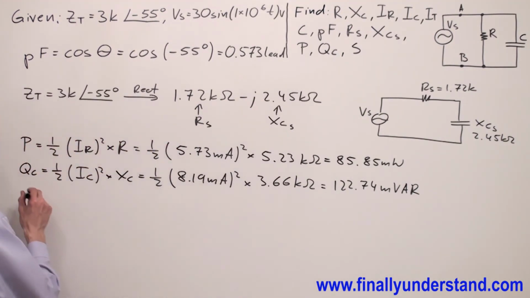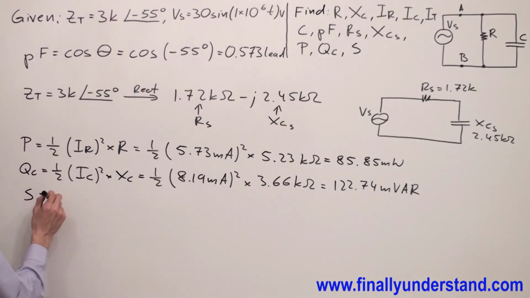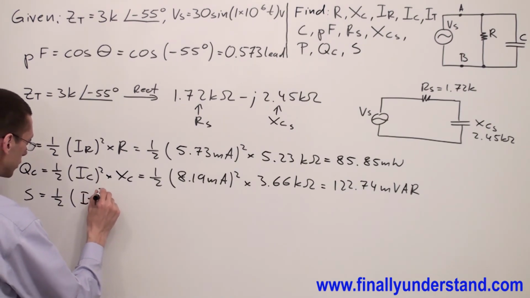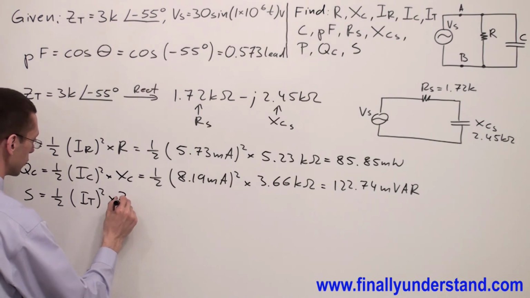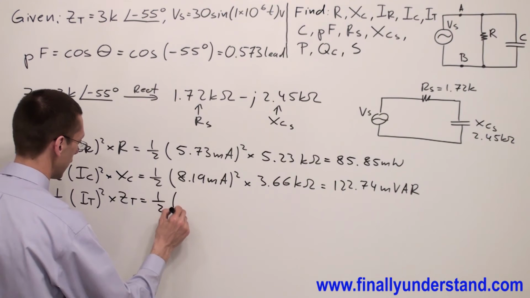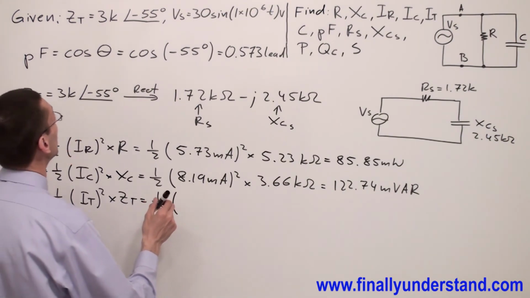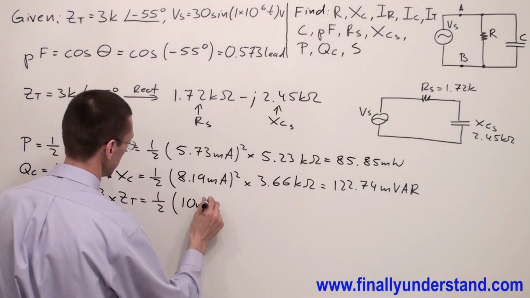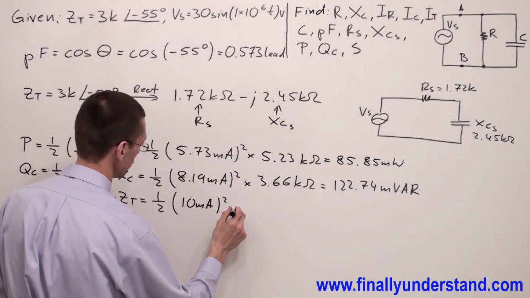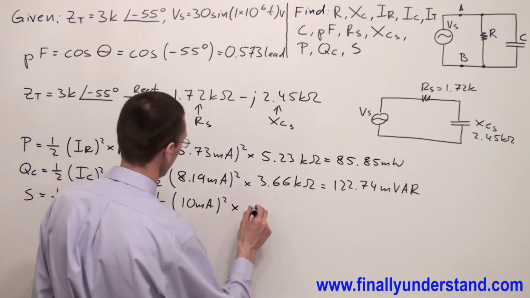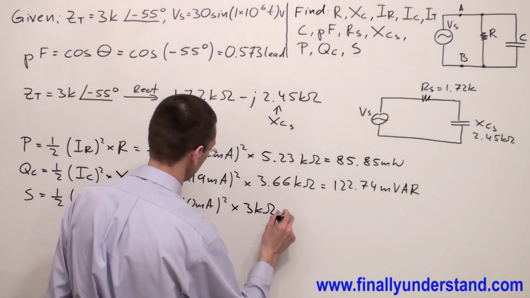Next, I'm supposed to find the apparent power. S is equal 1/2 times I total raised to the second power times Z total, which is equal 1/2 I total we found, and it was equal 10 milliamps raised to the second power times Z total, which is equal 3 kiloohms.